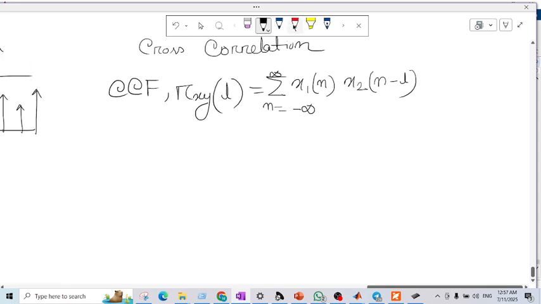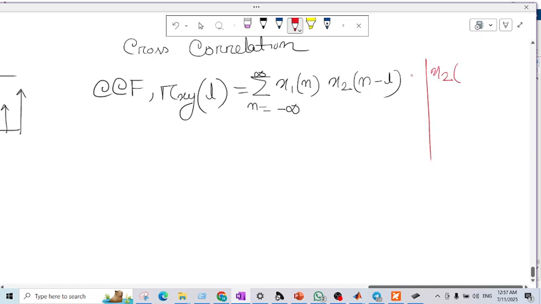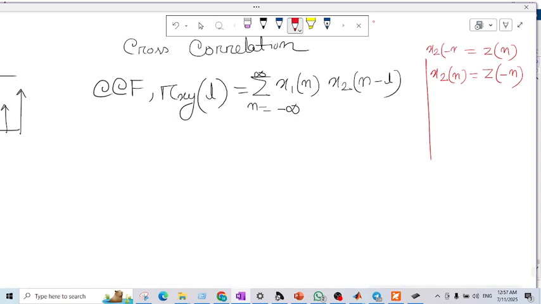Now let's rearrange this equation. Let's assume that x2[n] is equal to z[n]. So similarly z[n] is equal to x2[minus n], right?